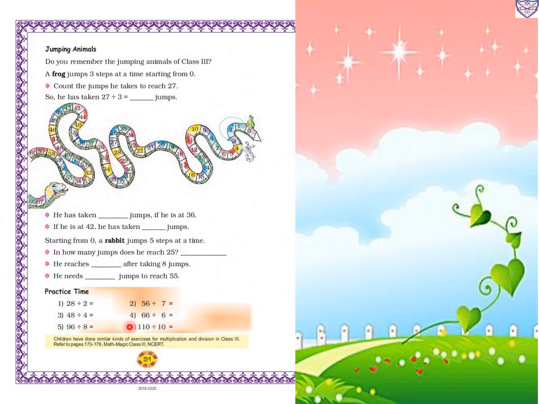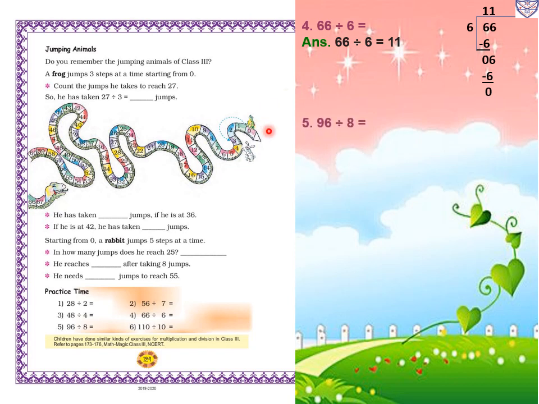Now number 4, 66 divided by 6. So first we will take the first digit 6. In the 6 table, 6 ones are 6. So 6 minus 6 we will get 0. Now the other number we will carry down, that is 6. So again 6 ones are 6. So 6 minus 6 we will get 0. So our answer is 66 divided by 6 equals 11.